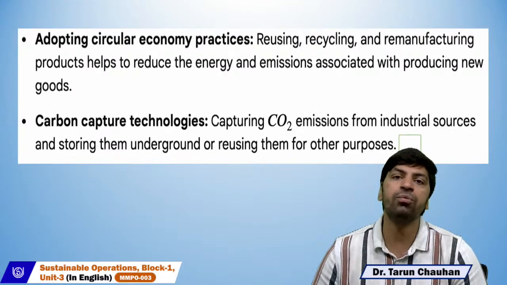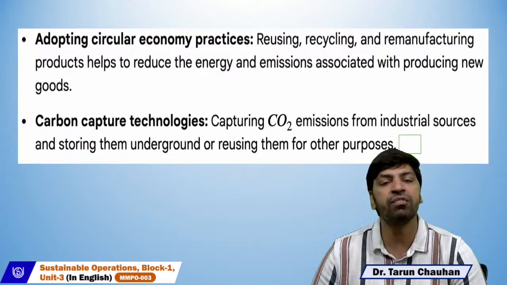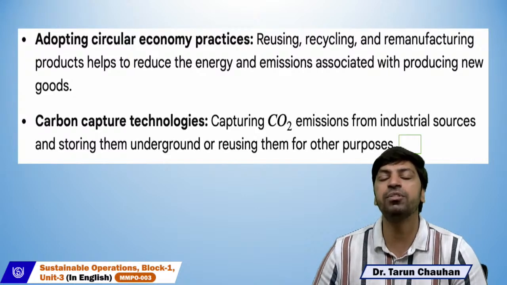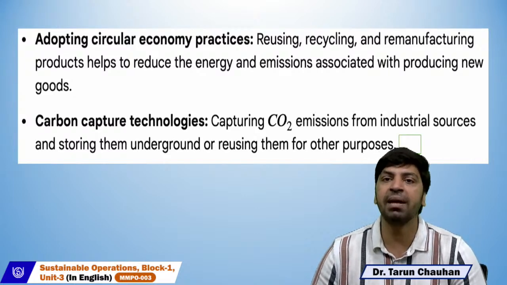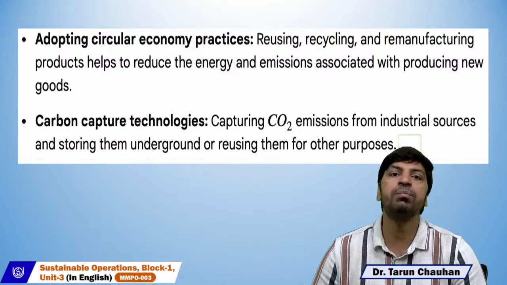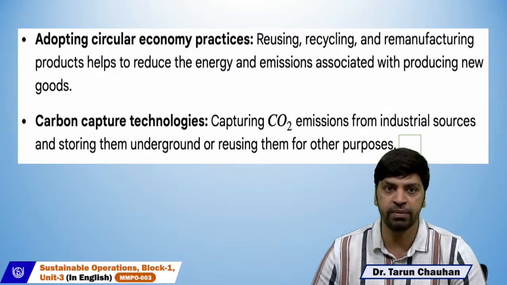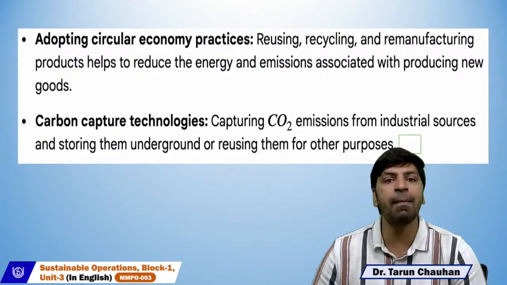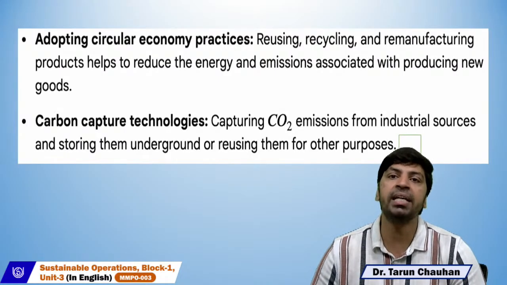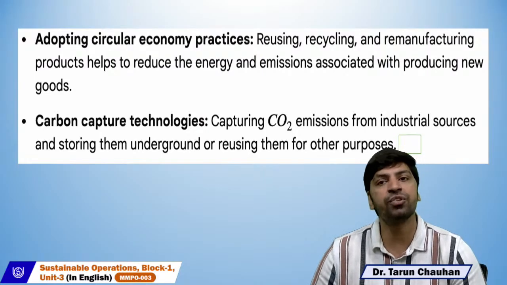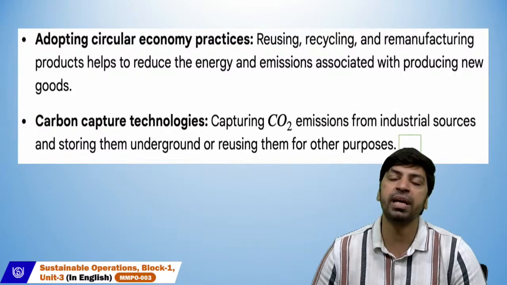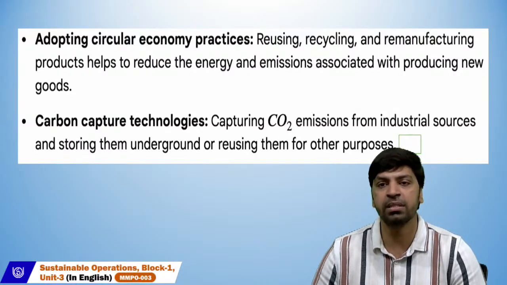It reuses, recycles and remanufactures products, which helps to reduce the emissions associated with producing new goods. Next is carbon capture technologies, capturing the carbon dioxide emissions from industrial sources, storing them underground and reusing them for other purposes as well.